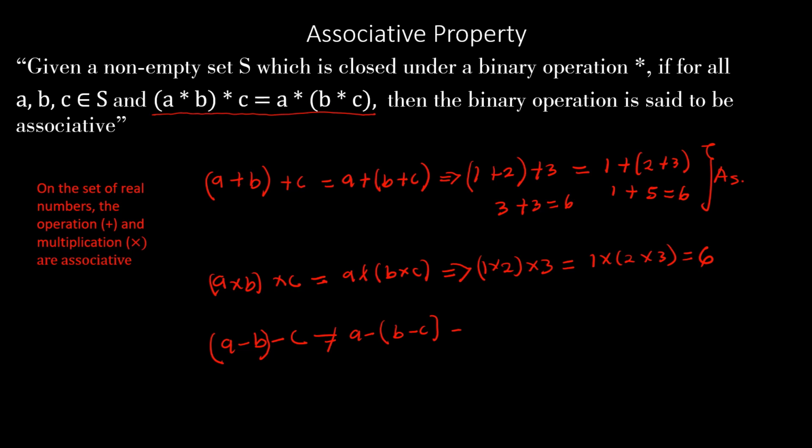So take for example, if you have (3 − 2) − 1, this is going to give us 3 minus 2 is 1, minus 1. This is going to give us 0. And if you have 3 − (2 − 1), this is 3 minus 1, and this is going to give us 2. So since 0 and 2 are not the same, we can say that subtraction is not associative under the set of real numbers.